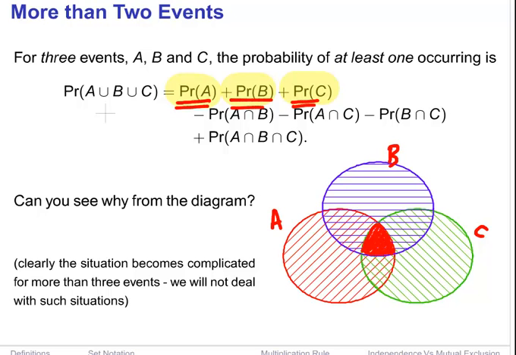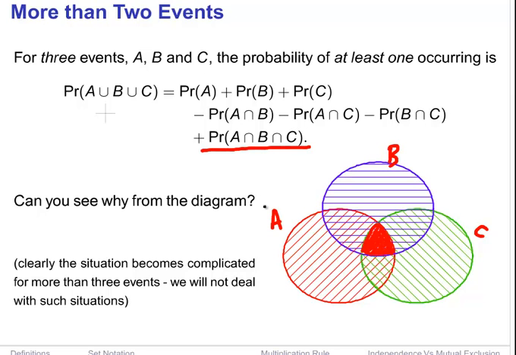But then we remove it 3 times. So it's got counted 3 times, but got removed 3 times, so it has to be put back in. So we have that plus the probability of A intersection B intersection C, just to make sure it gets put in at least once.